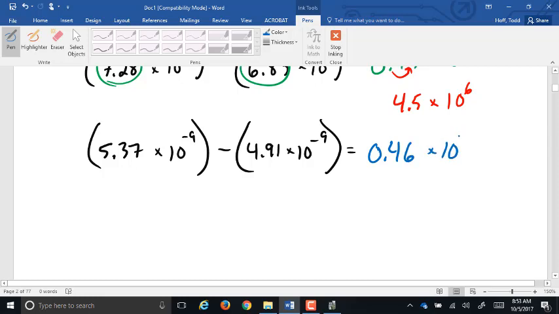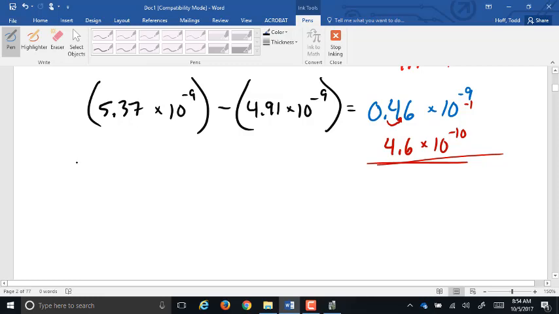Times 10 to the negative 9. What do we have to do with that? Same thing. Move the decimal point over, 4.6. This becomes, yes, negative 9 minus 1 is negative 10. Not so bad? Beautiful.